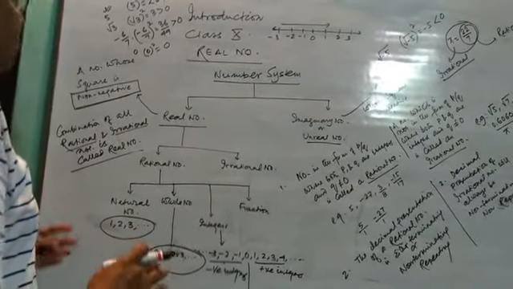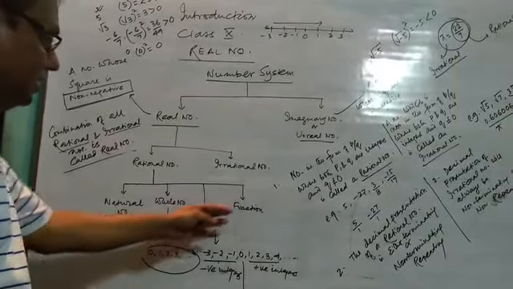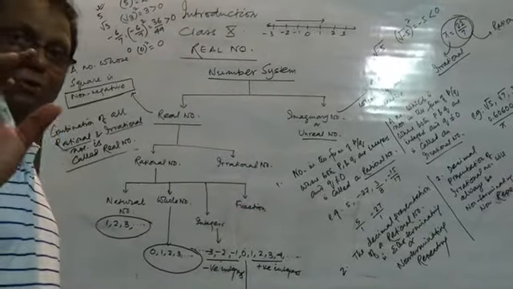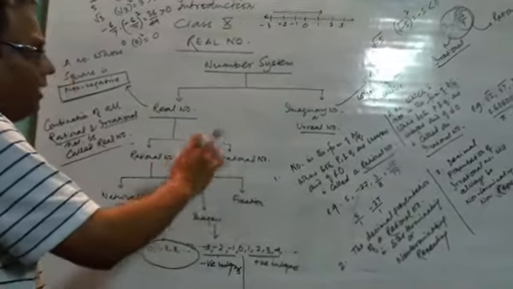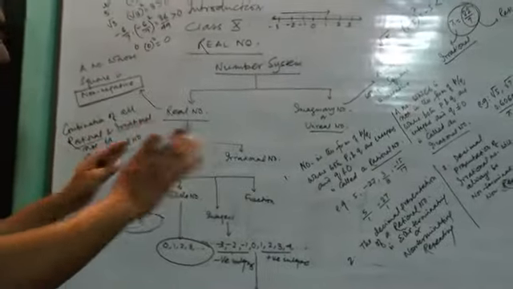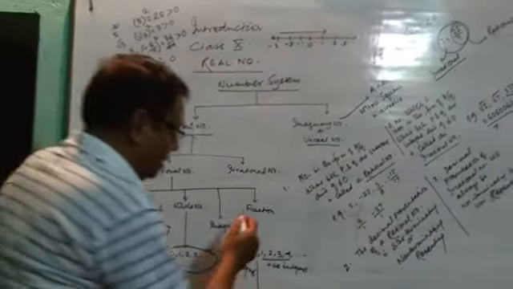Okay. Now, after discussing integers, we have to explain fractions, and that will be the sum total or summary of the first chapter.